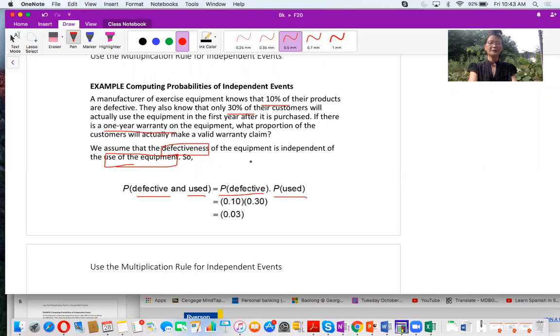The probability of defective is 10%, 0.1. The probability of use is 30%, 0.3. So the final result is 0.03. So the final answer, the probability that the product is defective and the customer used the product is 0.03.